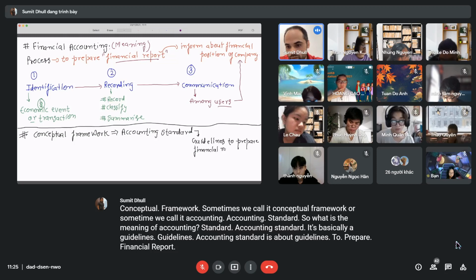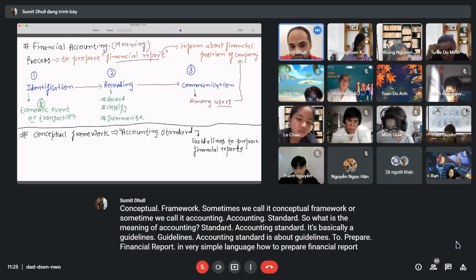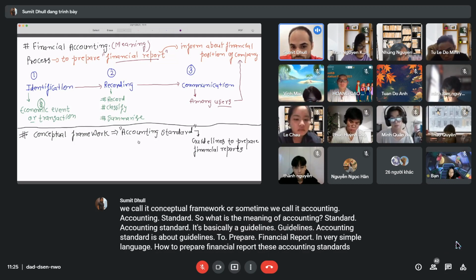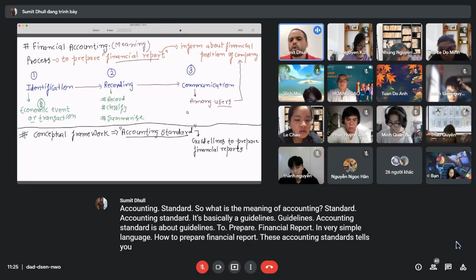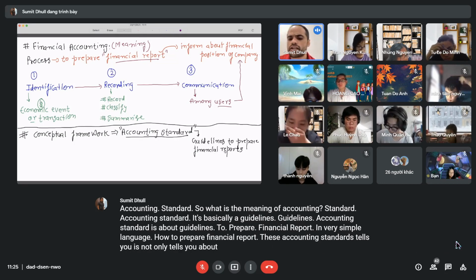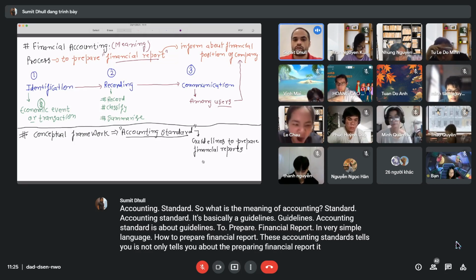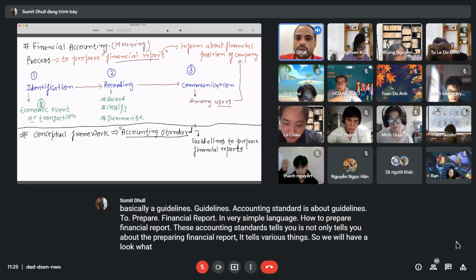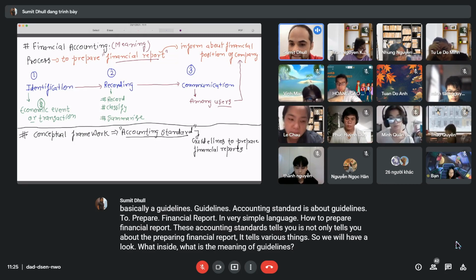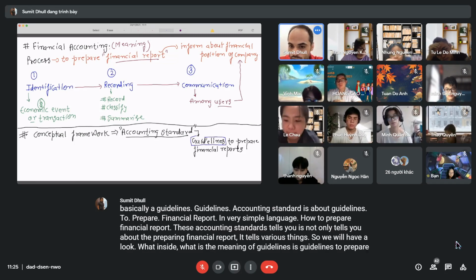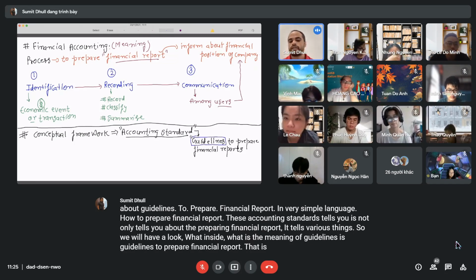In very simple language, how to prepare financial report. These accounting standards not only tell you about preparing financial report, they tell various things. So we will have a look at what is the meaning of guidelines. It is guidelines to prepare financial report. That is accounting standard.